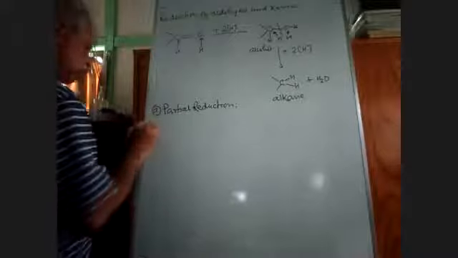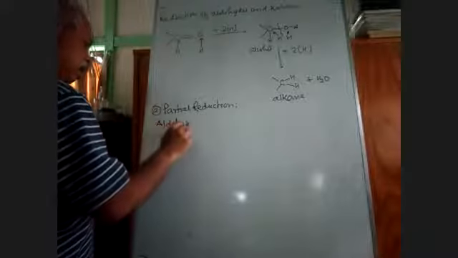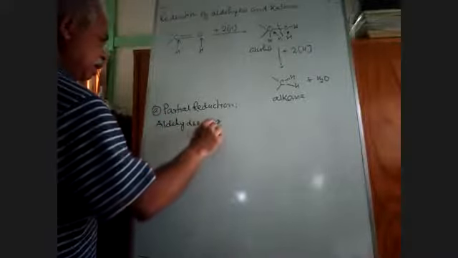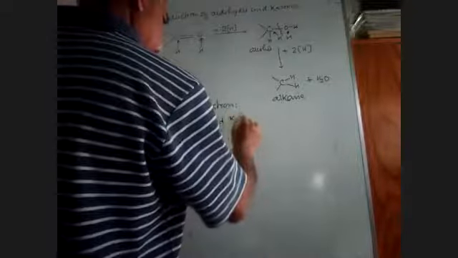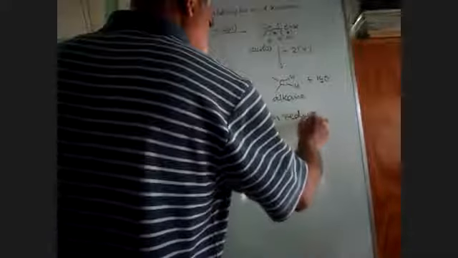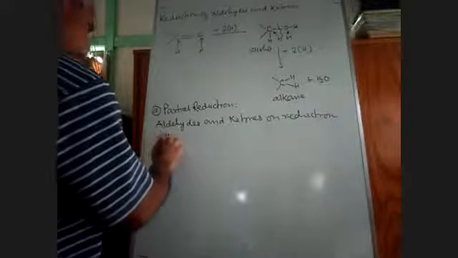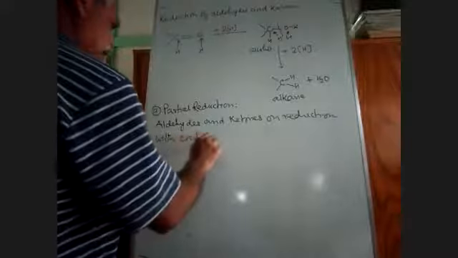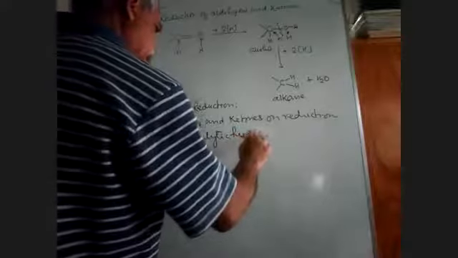Okay. So you can write now here that aldehydes and ketones on reduction with catalytic hydrogenation.